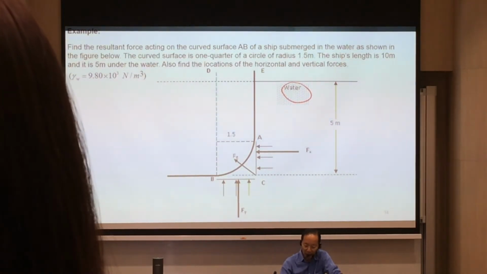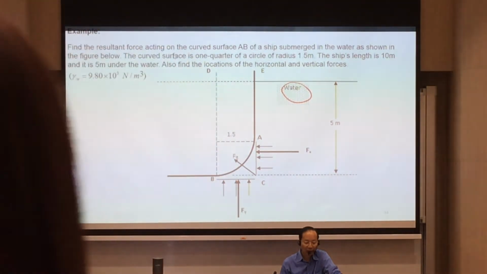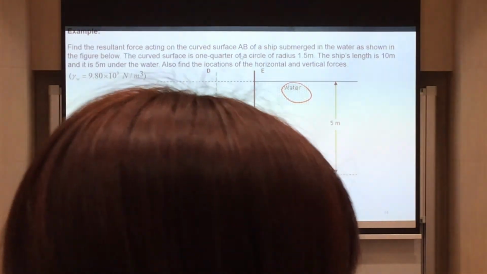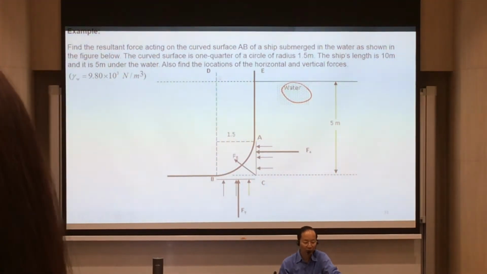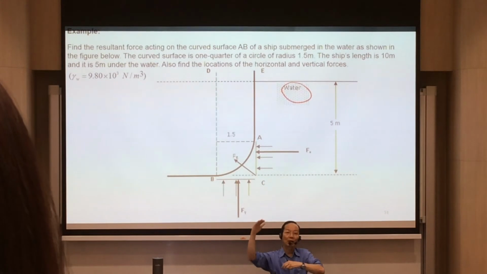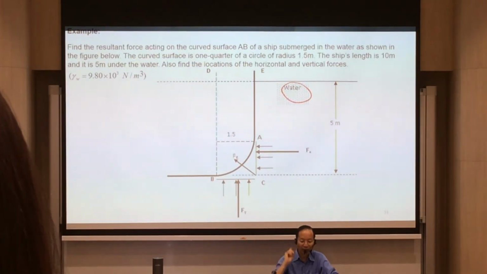So let's look at this example here. Find the resultant force acting on the curved surface AB of a ship submerged in the water as shown in the figure below. The curved surface is 1/4 of a circle of radius 1.5 meter. So this curved surface is a quarter of a circle. Radius is 1.5 meter. Now let's continue.